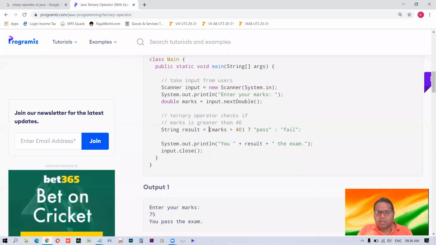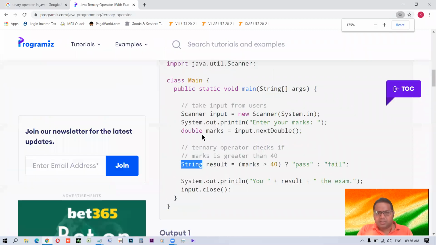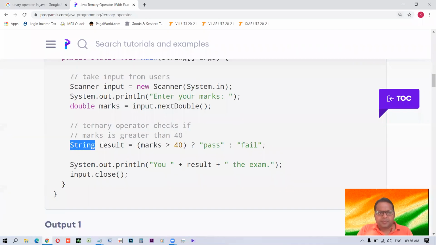If marks is greater than 40, then pass will be assigned to the variable result, which is a string type. It will be assigned pass if this condition is true. If the value of marks is greater than 40, then the string pass will be stored in result.